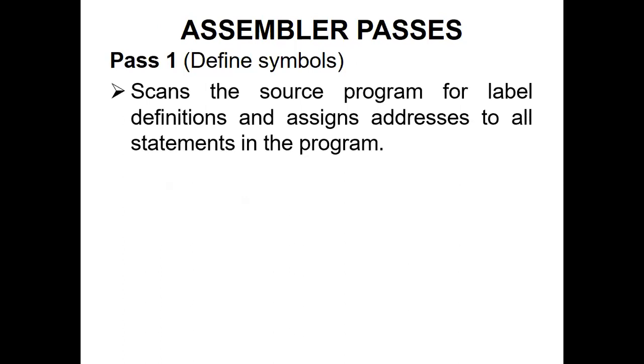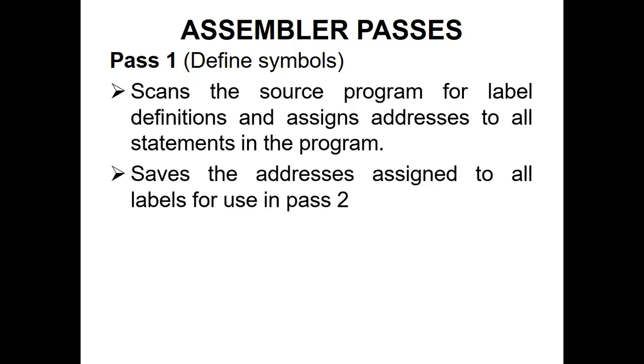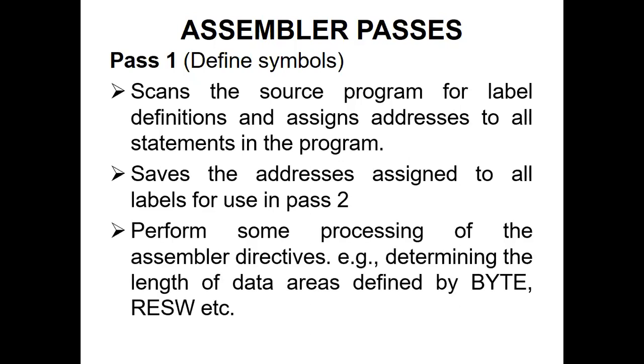The first pass is to go through the program. That is what we mean by scanning the program. You go through the program, finding where every label is. Then you assign an address to every label, and those addresses are saved. You put them into a table.